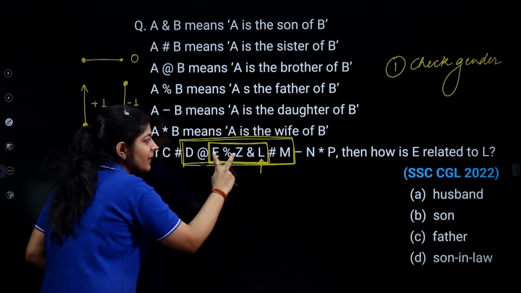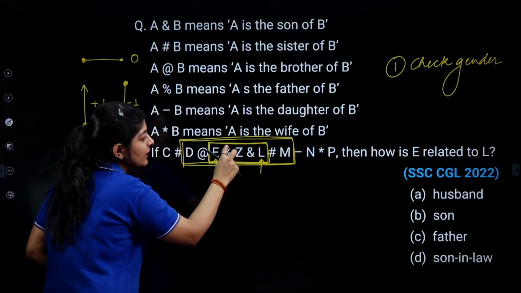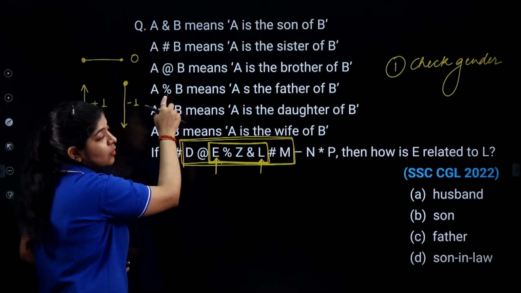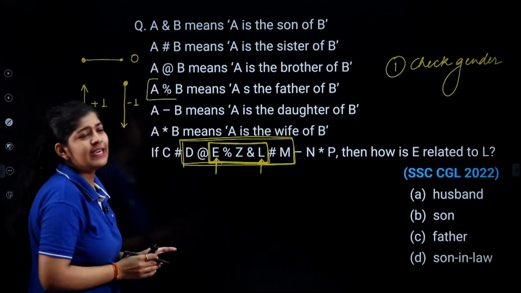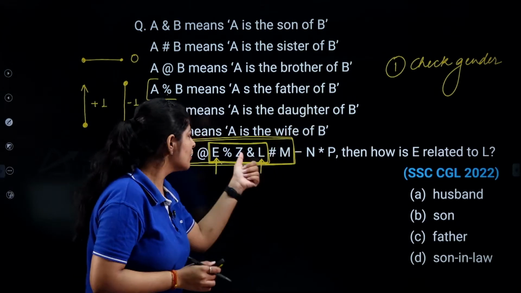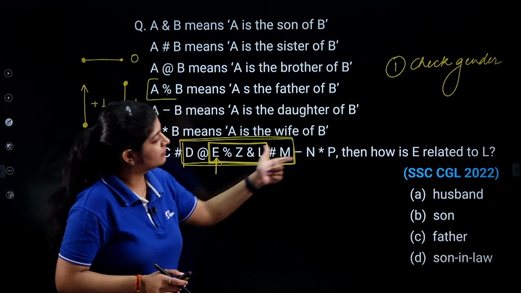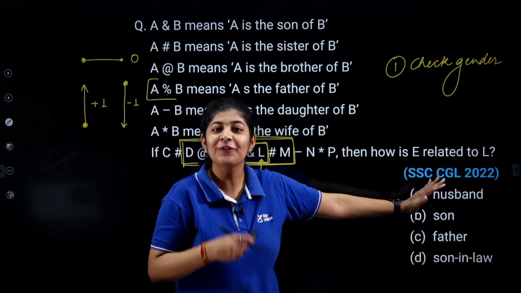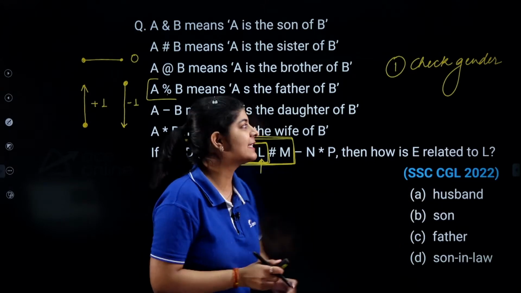So the relation which is given with E is with this symbol, that is percentage symbol. Where is percentage symbol? Over here. It states that A is a father of B. Father is a male. So we know that E is a male. Check the options. All the males are given over here. So we need to go with the second step.